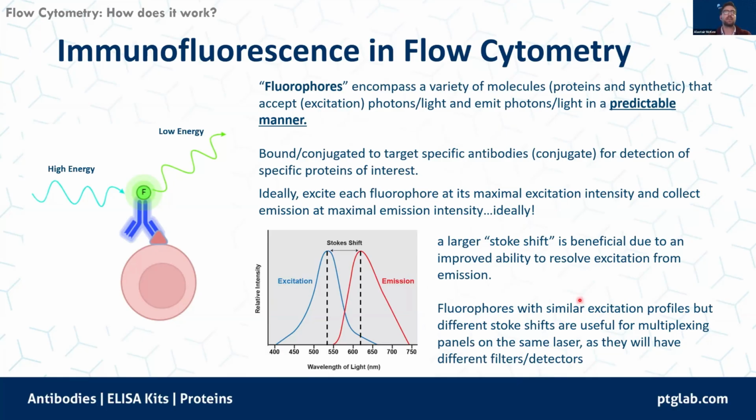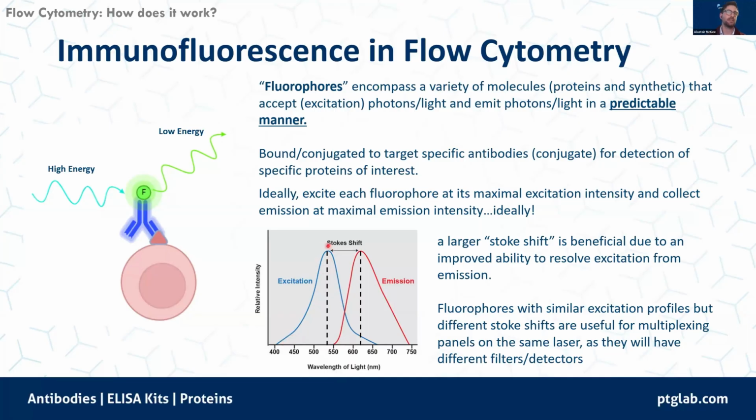We conjugate these fluorophores to target-specific antibodies so we can detect our proteins. Ideally, when we're running our cells through a cytometer, we want to excite them at a maximal excitation intensity, and we want to read that emission at the maximal emission intensity. This is plotted here. In this particular example, we're looking at a maximal excitation of around 540 nanometers, but actually anywhere along this blue curve, you could cause some level of excitation.